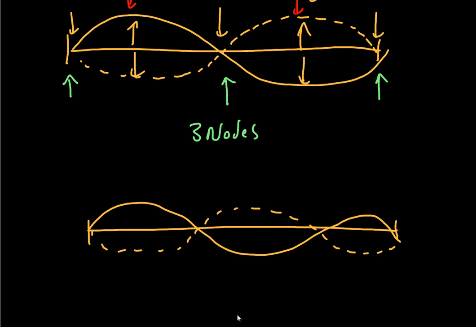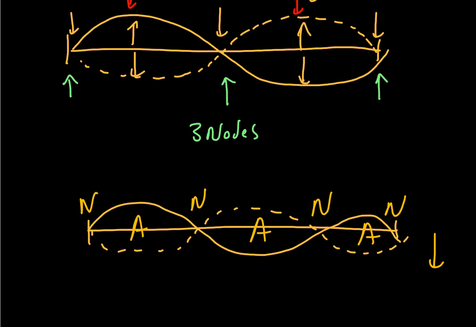This one ended up a little bit short, but they would all be the same size. So 3 antinodes, and 4 nodes. And it just continues this way on up, really, to essentially infinity.